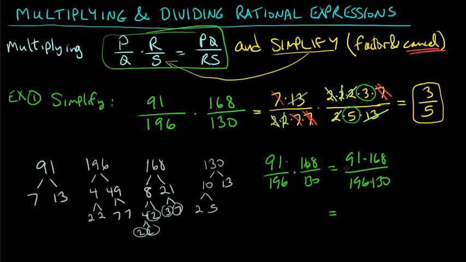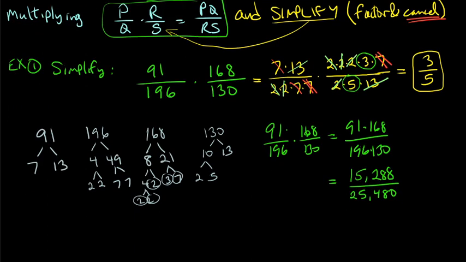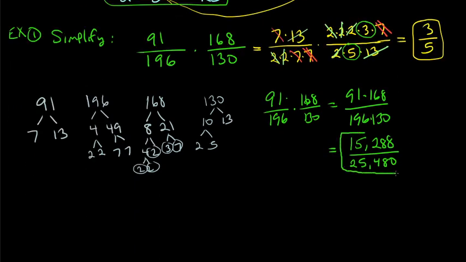And here's the problem with that. 91 times 168 is 15,288, and 196 times 130 is 25,480. Okay, so great, we got this fraction here. But I can assure you this is not in lowest terms, so we would have to reduce it.